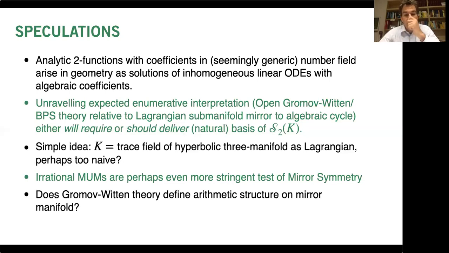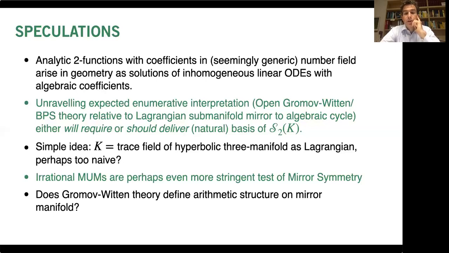And maybe just as a final speculation, coming back to the very beginning: what does mirror symmetry tell you about arithmetic? It's maybe a question for discussion. Certainly in physics, you don't care what the field of definition of your manifolds is; you just want to compactify string theory. But you have integers, which are instanton numbers, which are these Gromov-Witten invariants.